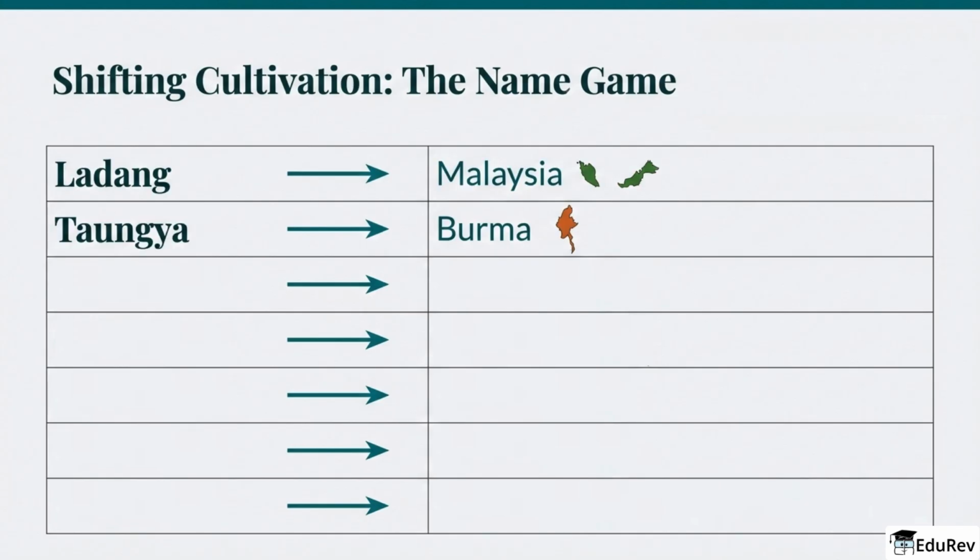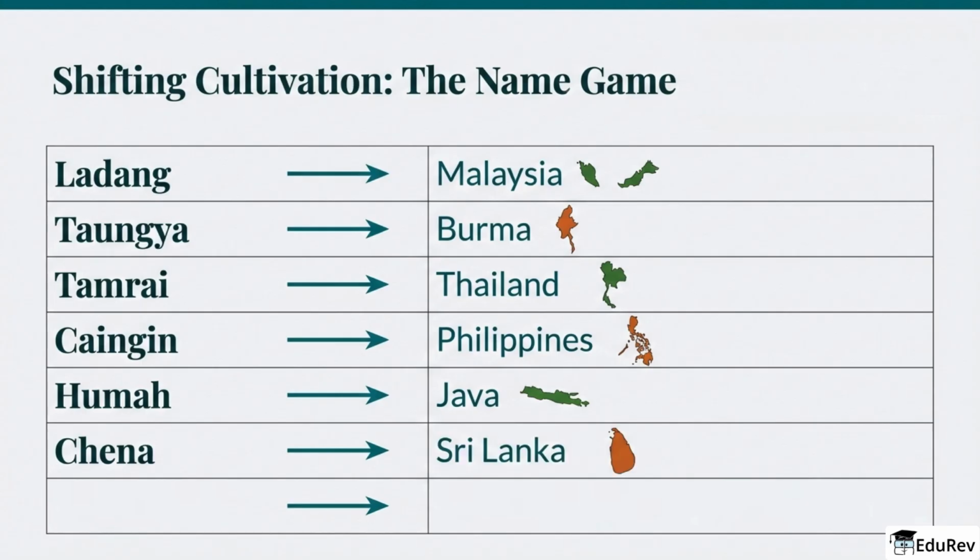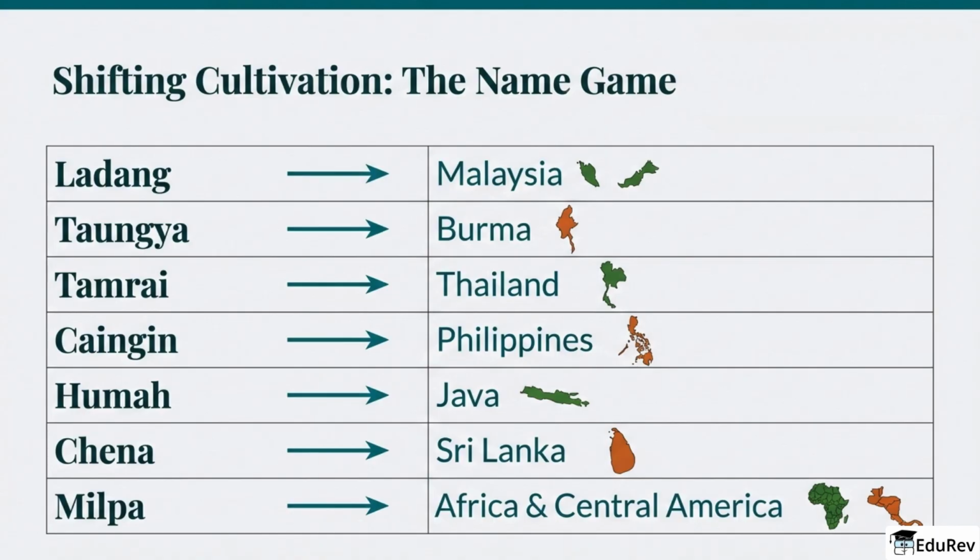Tongya, Burma. Tamrai, Thailand. Changin, Philippines. Huma, Java. Chena, Sri Lanka. Milpa, Africa and Central America. Do not treat these as random vocabulary. These are region term matches, and UPSC loves exactly that format.